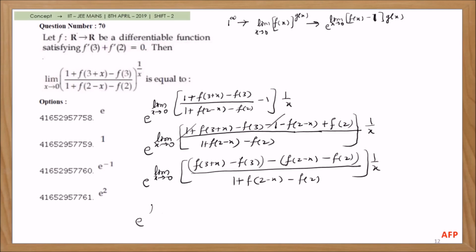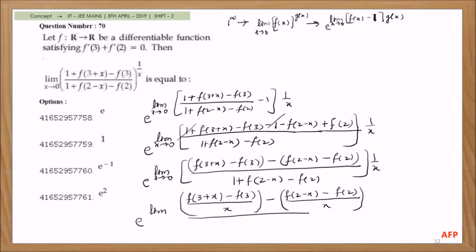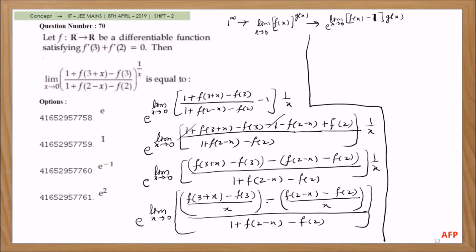Now e raised to the limit of f of 3 plus x minus f of 3, so we will take this denominator here x, minus f of 2 minus x minus f of 2, whole divided by x, whole divided by 1 plus f of 2 minus x. So if you apply the limit, you are getting f dash of 3 plus f dash of 2 divided by 1.